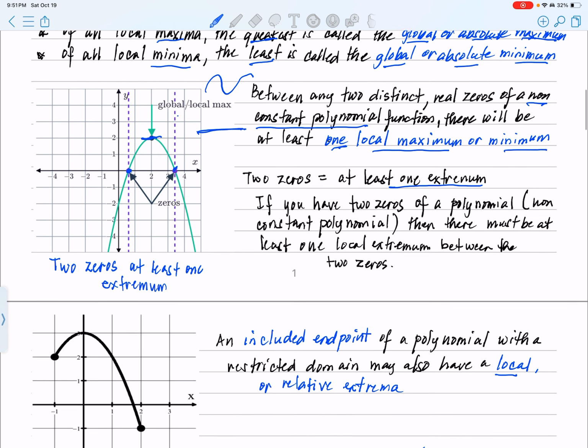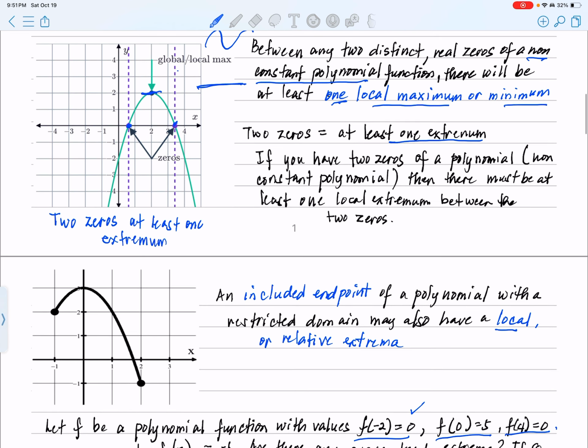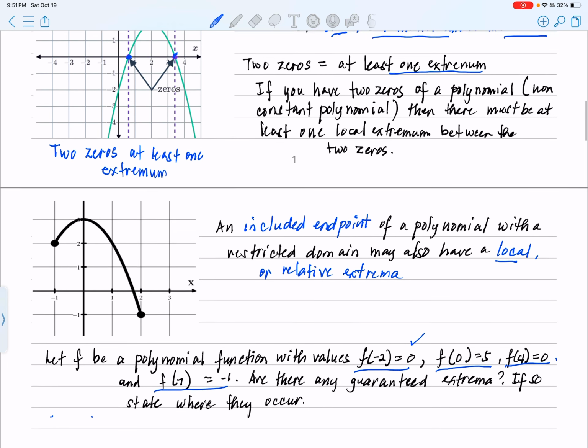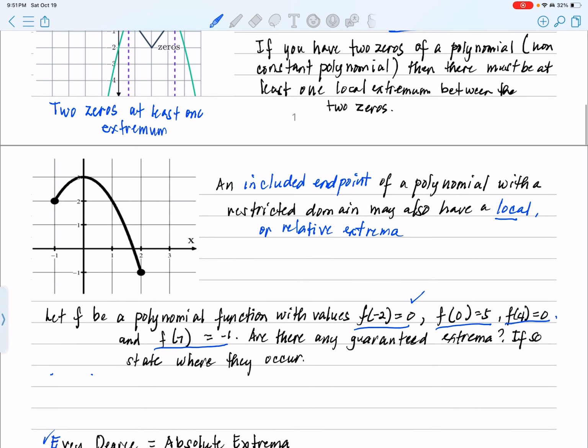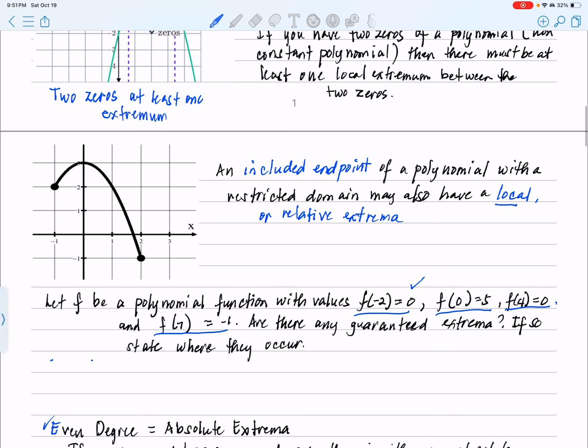Another point that we have to consider here is an included endpoint. If I have this figure right here on the left, I have one endpoint towards the x that is at -1, and I have another endpoint towards the x that is at +2.